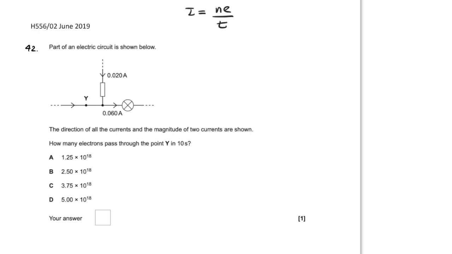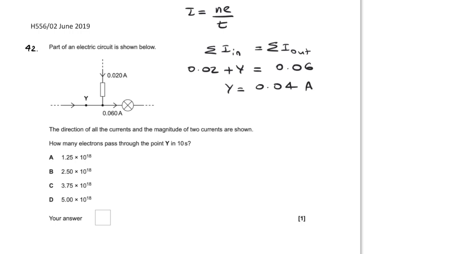So I need to figure out the current at Y using Kirchhoff's first law, which says that all the current into a junction is equal to the current out of the junction. So 0.02 amps plus Y is equal to 0.06 amps, that's the outward current. Therefore Y becomes 0.04 amps. Now I can input that information into my formula above and rearrange.